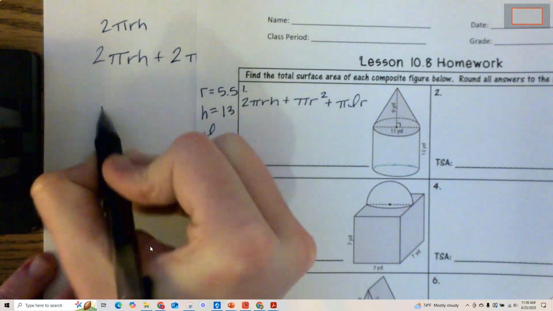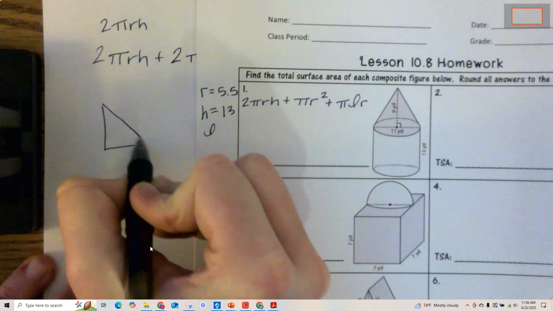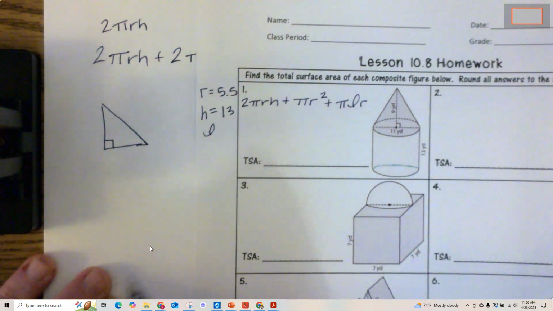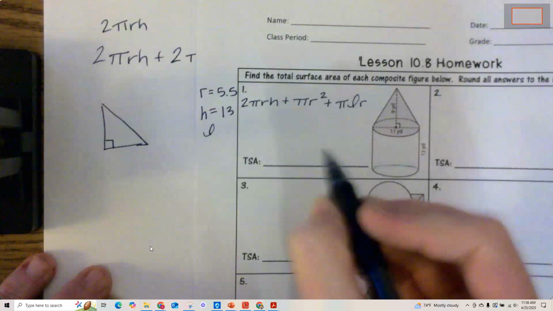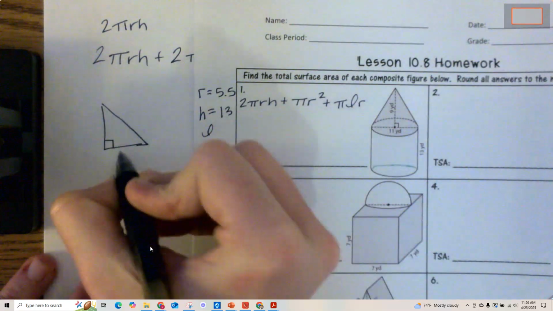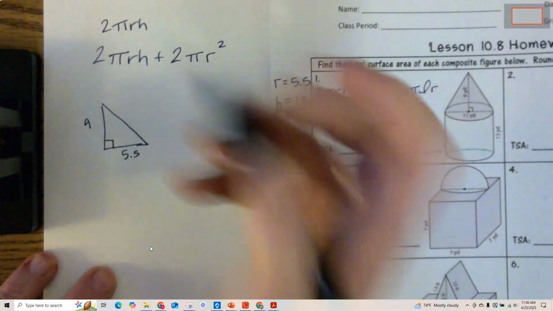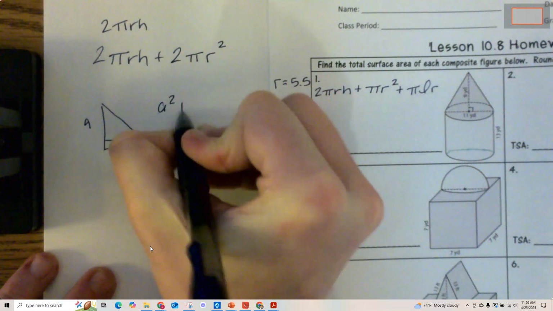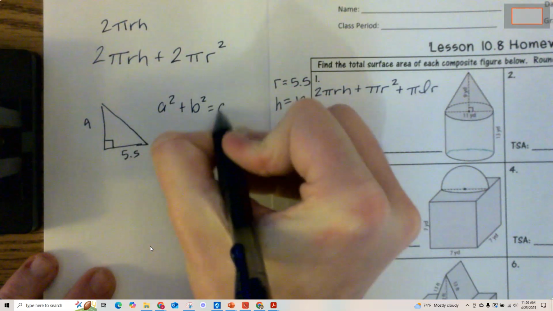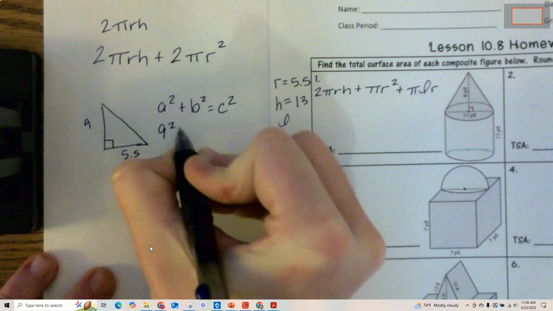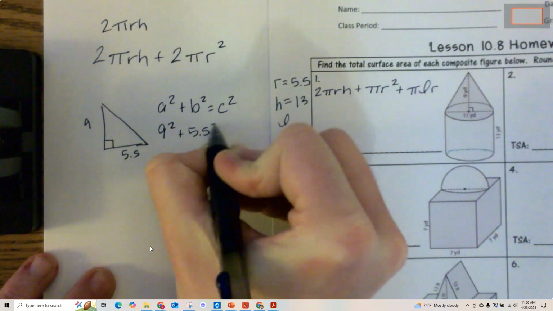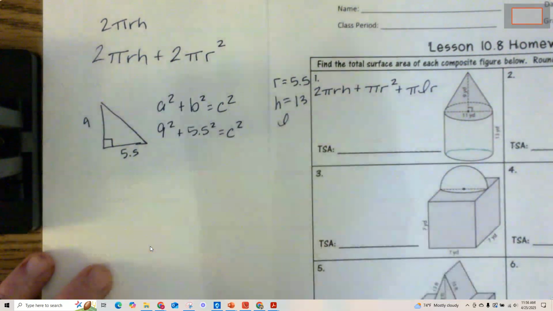I have to find the slant height from that right angle. So we already said the radius here is 5.5 and this is 9. So remember, we can do a squared plus b squared equals c squared. 9 squared plus 5.5 squared equals c squared.